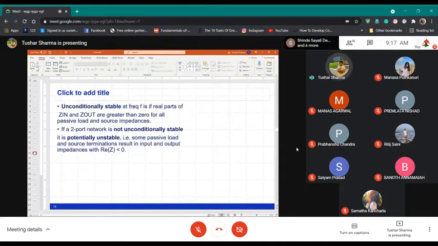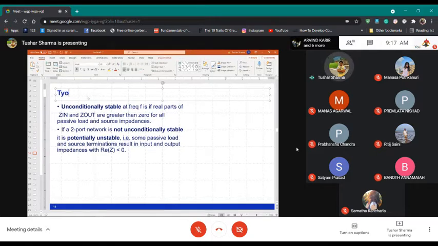Stability is basically of two types. One is that the device is unconditionally stable, which means whatever you do to the device, any impedance on the Smith chart will always be stable. The second is conditionally stable or potentially unstable. It means the device is unstable, but we need to understand which part of the Smith chart is stable and which part is not stable.